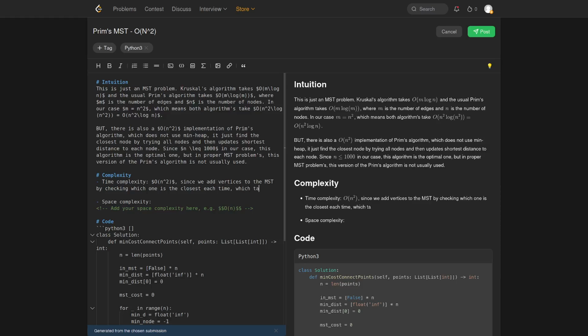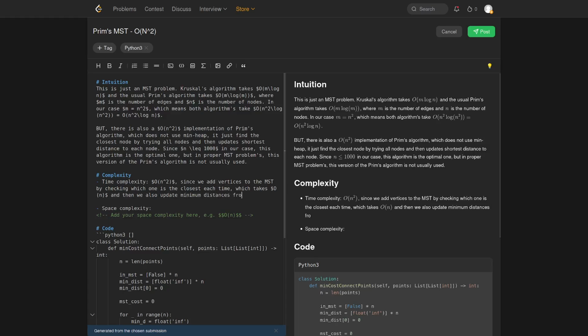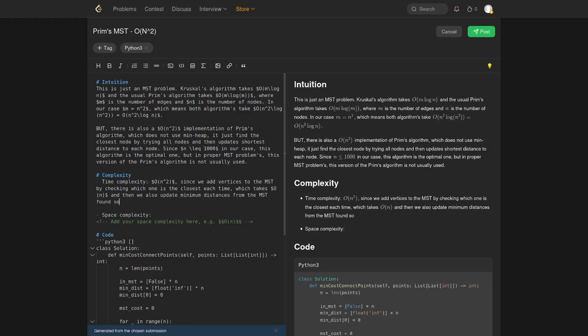Which minimum distances from the MST found so far to each vertex, which also takes O(n).